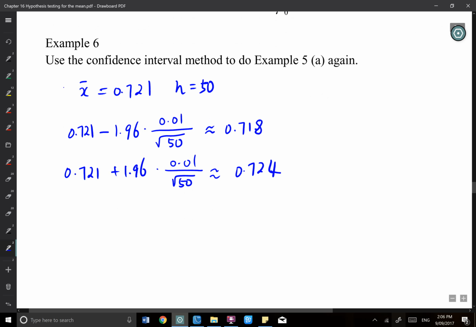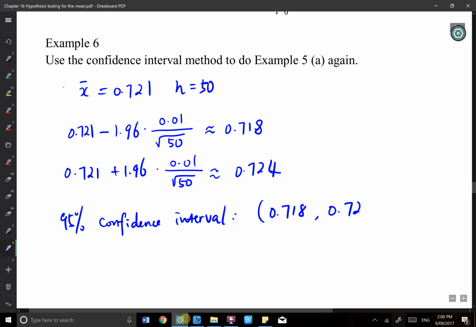So for the observed X bar, my 95% confidence interval is 0.718 to 0.724.